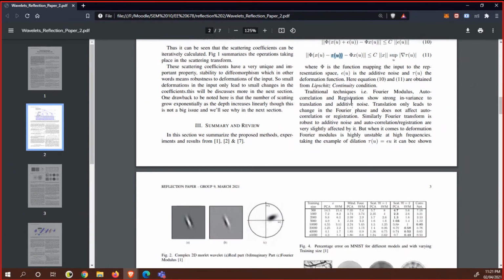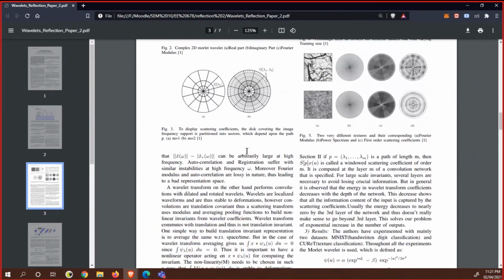So the major thing that this paper talks about is the difference between the traditional techniques and the current technique.